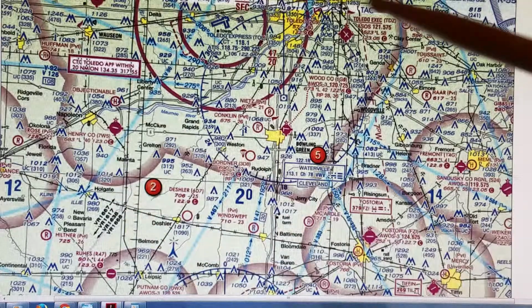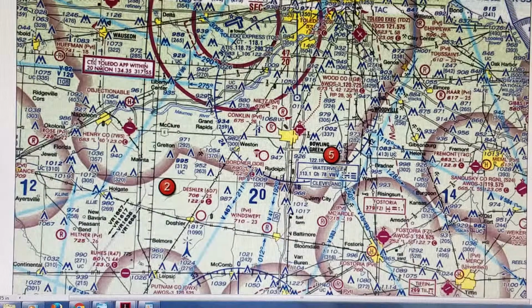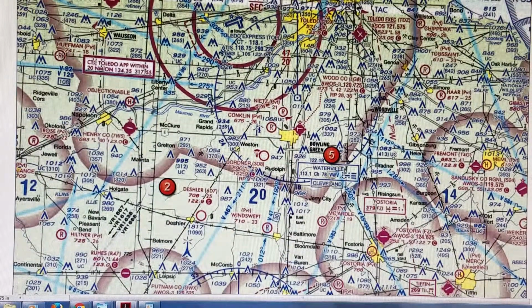So then, having said that, let's do a little more on these charts. Oh yes, most of what we were talking about just a while ago, I can show you over here. See this letter C with the thick magenta background. That's the common traffic advisory frequency.